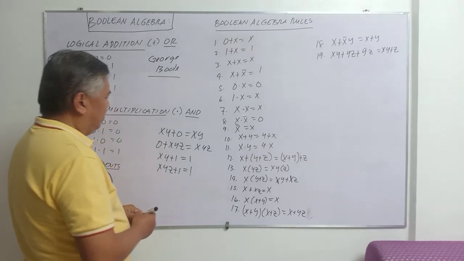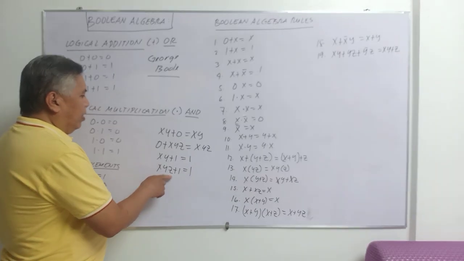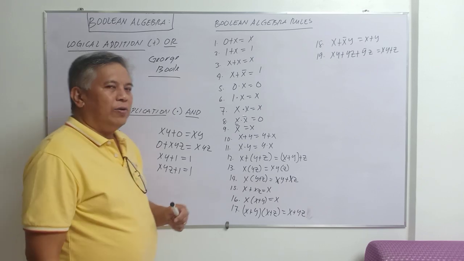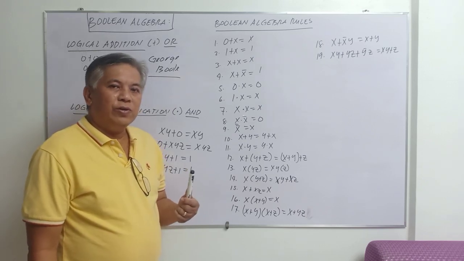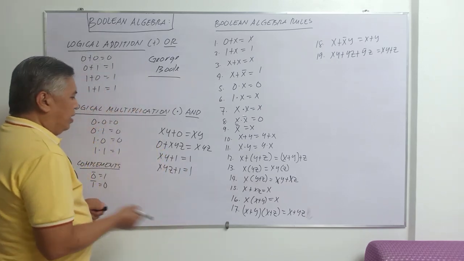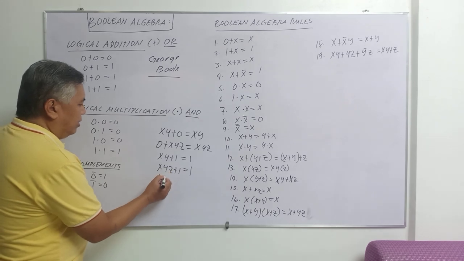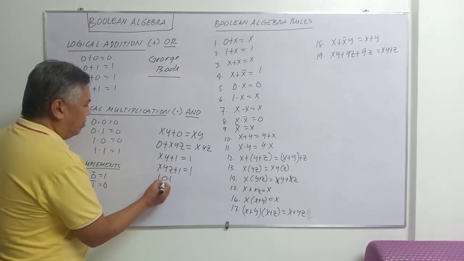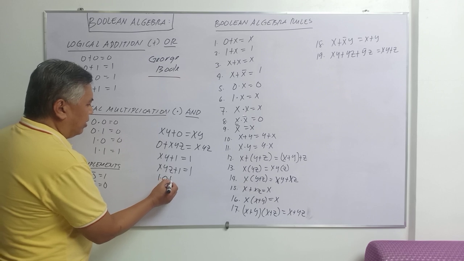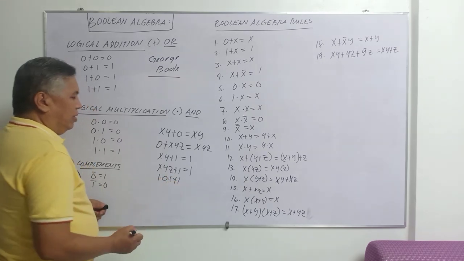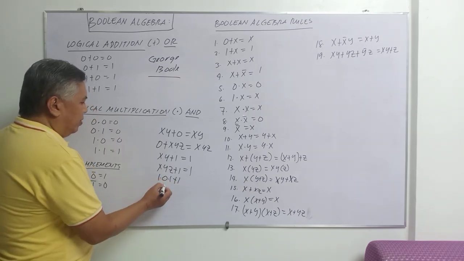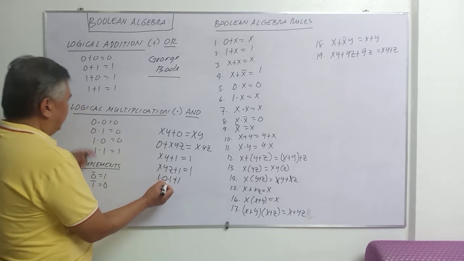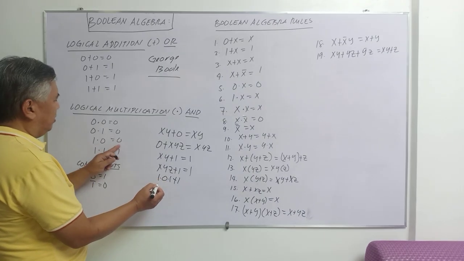How do we do that? We know that x, y, and z can have only a value of 0 or 1. Let's say, for example, x is 1, y is 0, and z is 1. So you have 1 times 0 times 1 plus 1. 1 times 0 is 0.